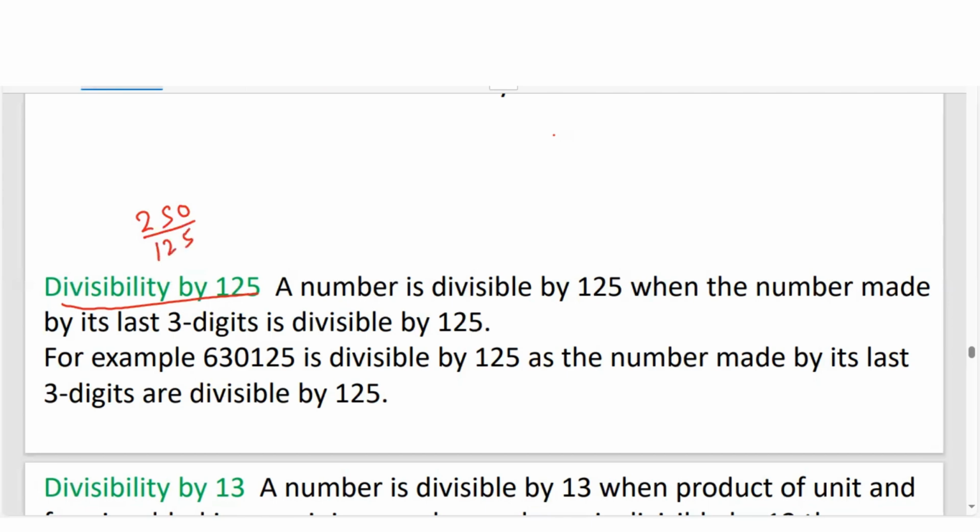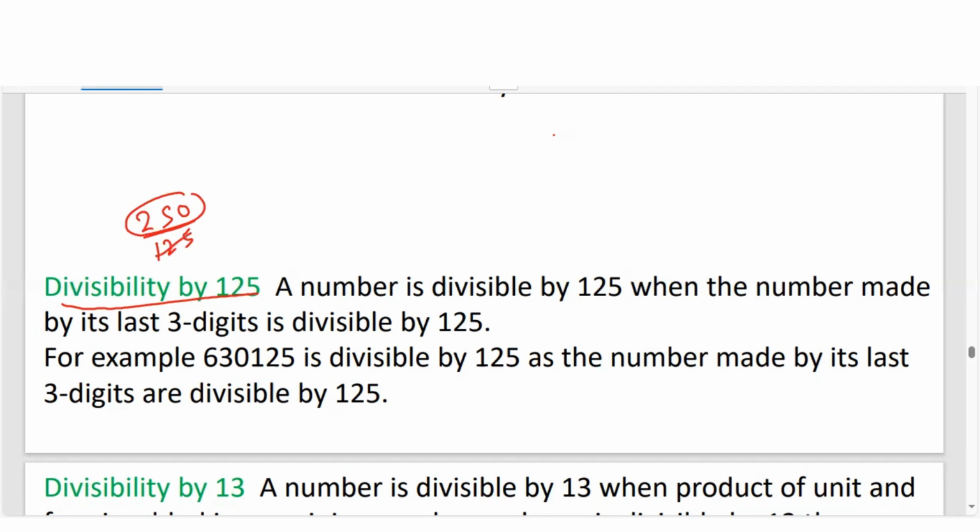We are checking whether 250 is divisible by 125 or not. So what is the basic rule? You just check by dividing 250 by 125. If the remainder is 0, that means 250 is divisible by 125. If the remainder is not 0, any other number, that means 250 is not divisible by 125.